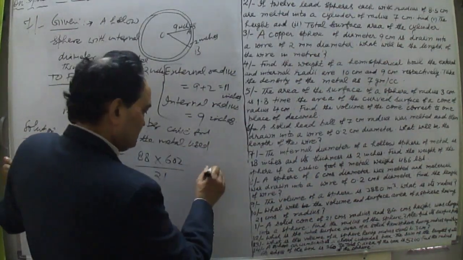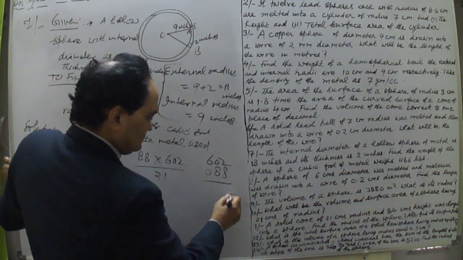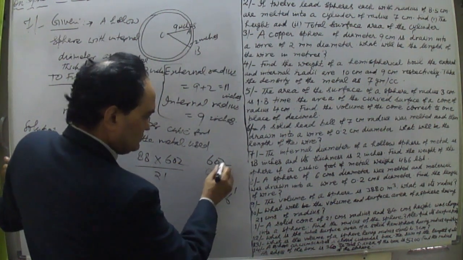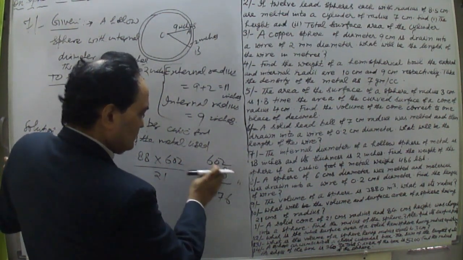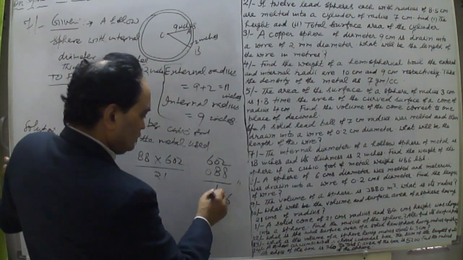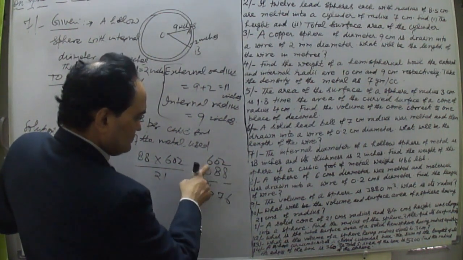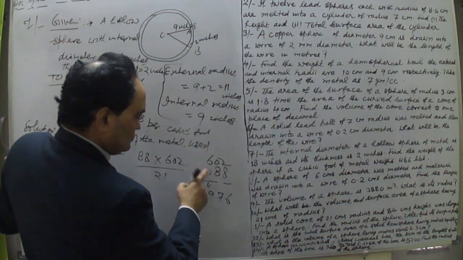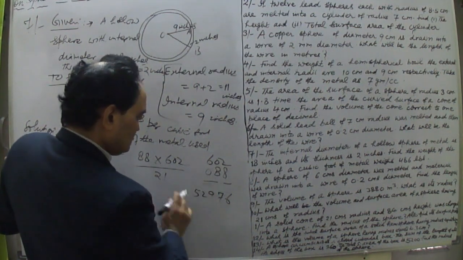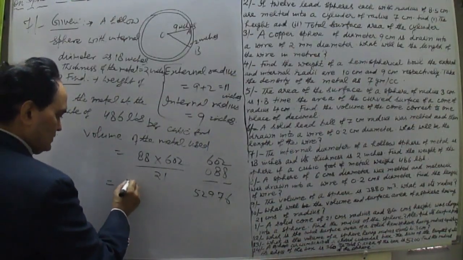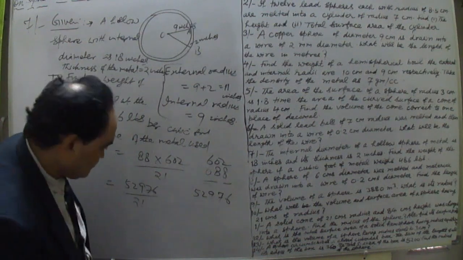So let me first multiply this: 602 times 88. 8 twos are 16, 8 sixes are 48, and carrying over, we get the result. So finally this value is 52976 upon 21.